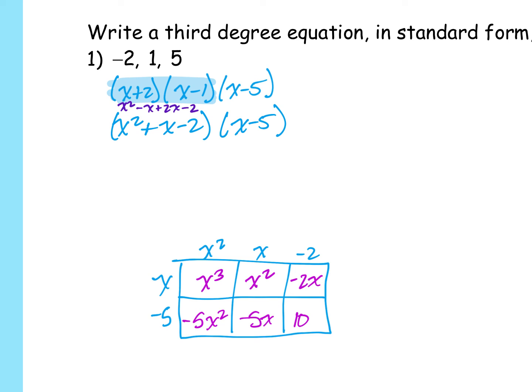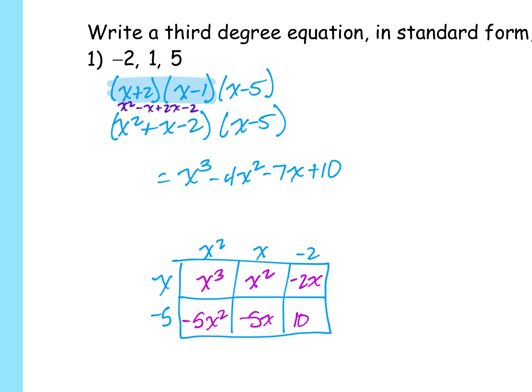And then remember the diagonals are my like terms, so my equation is going to be x cubed minus 4x squared minus 7x plus 10. And there's my equation. So it just takes a little bit more work to get it to become a cubic, but it's basically doing exactly the same thing.